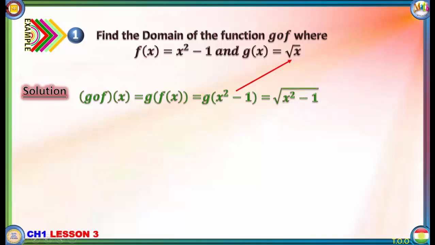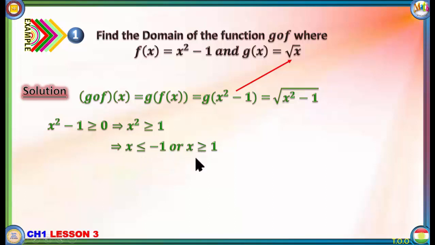To find the domain of a square root, take what is under the square root bigger than or equal to 0. And now take minus 1 from the left side to the right side, then it becomes x squared bigger than or equal to 1. The solution of this inequality is x less than or equal to minus 1 or x bigger than or equal to 1.